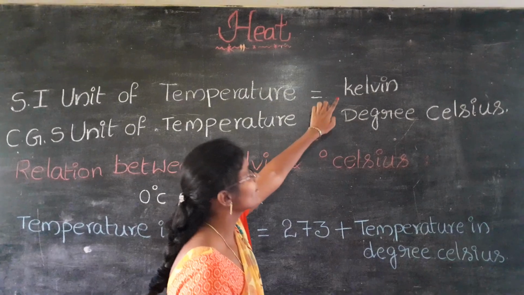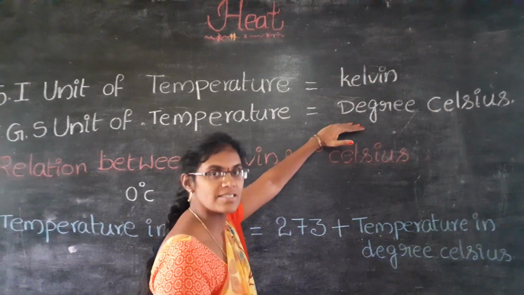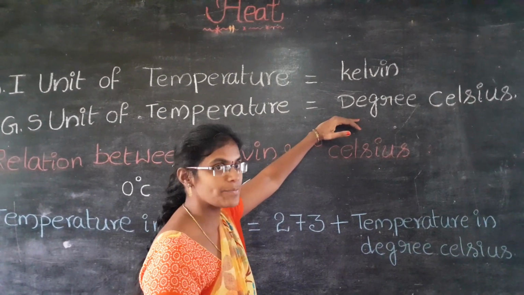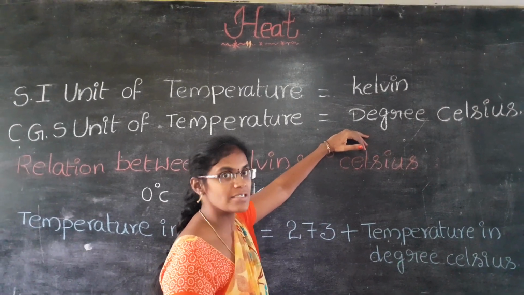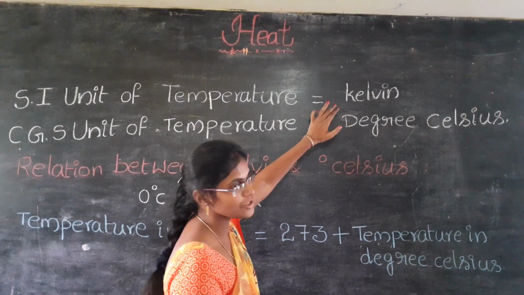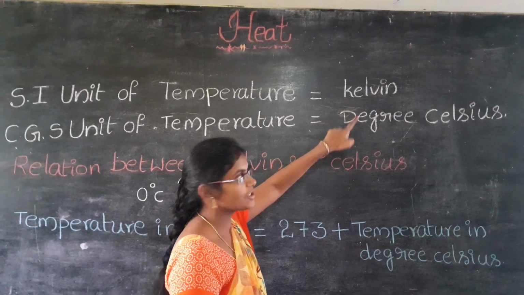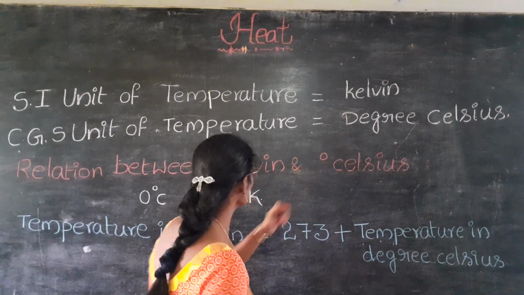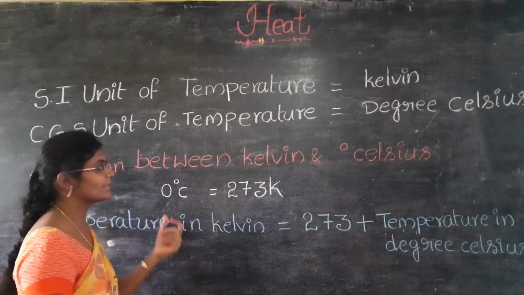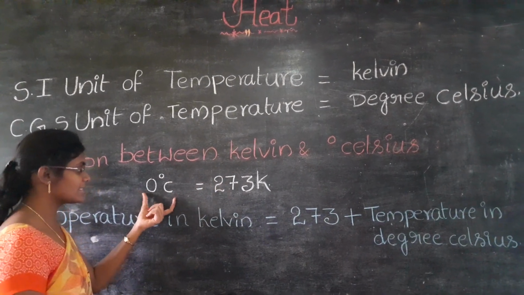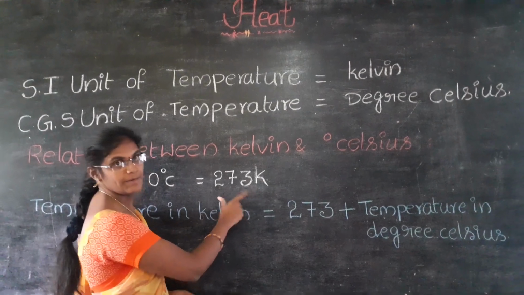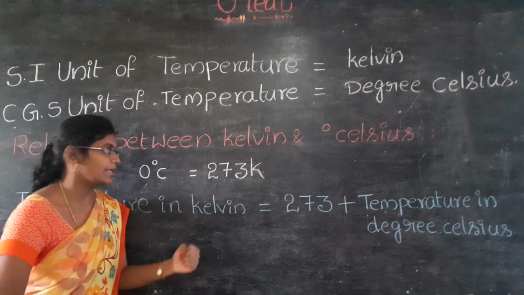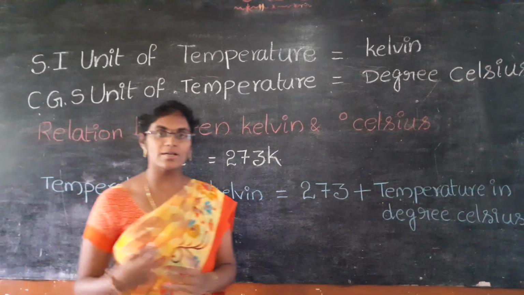So now what is the relation between Kelvin and degree Celsius? Already we discussed previously about heat: 1 calorie is equal to 4.186 joules. Now this is the relation between SI units of temperature and Celsius units of temperature. What is the relation between Kelvin and degree Celsius? 0 degree Celsius is equal to 273 Kelvin. Now, one more question is in front of you.